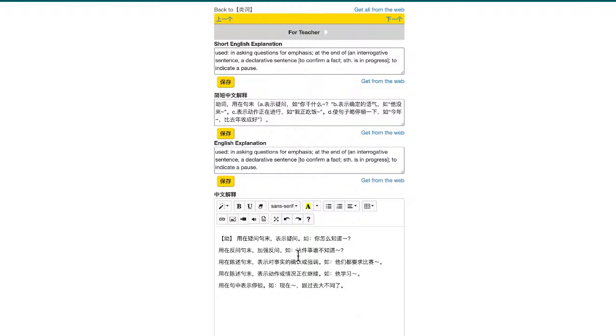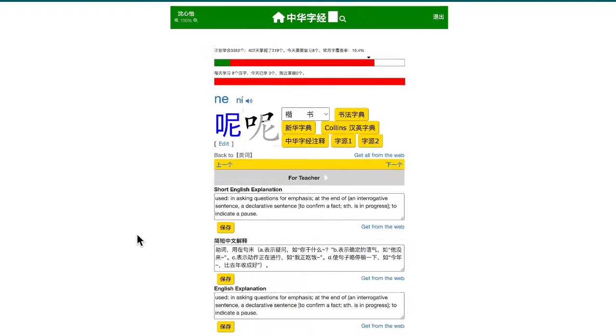That emphasizes the rhetorical quality of the question. Of course, the first usage, 你怎么知道呢?, simply indicates a question. So this is pretty much used for sentence structure, a grammatical purpose.